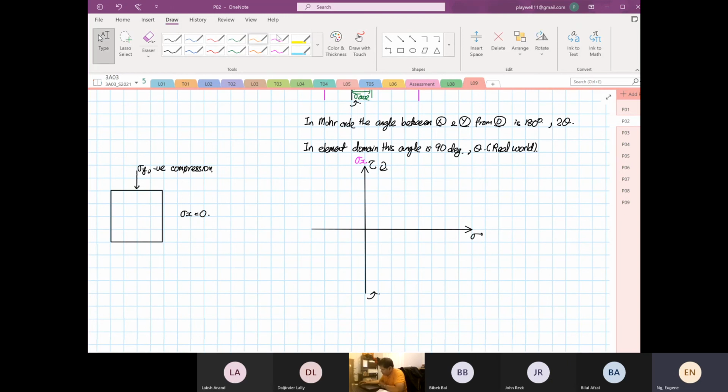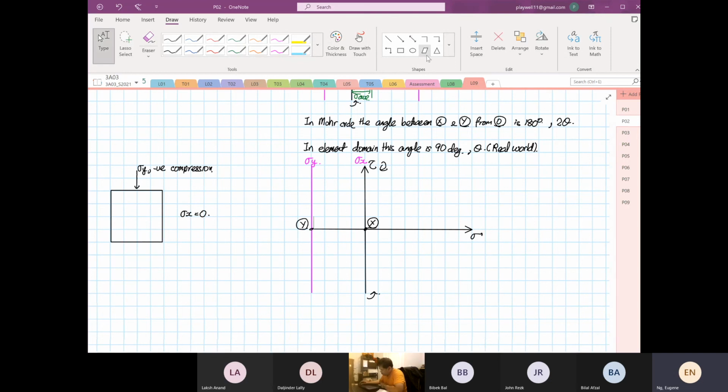And then we have another line over here, compressive. So this is your stress Y. Then from here, we can identify that this is our point X, and over here, this is our point Y.